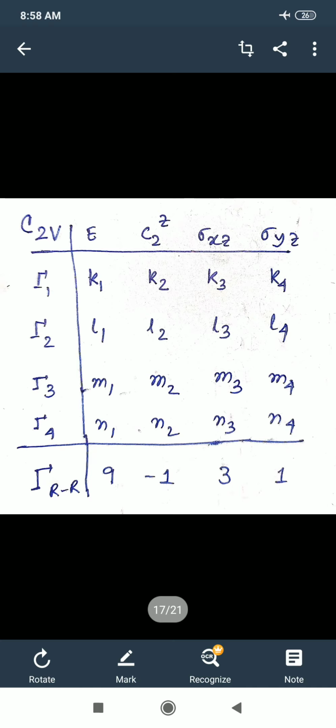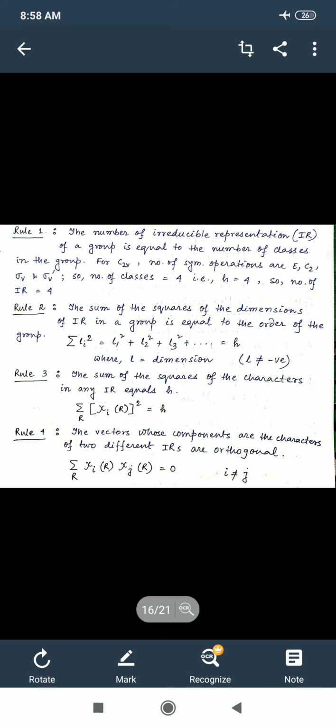Or you can take the other rows also: K2 square plus L2 square plus M2 square plus N2 square is equal to h, that is 4. Or K3 square plus L3 square plus M3 square plus N3 square is equal to 4, like that. So that is our rule number 2.